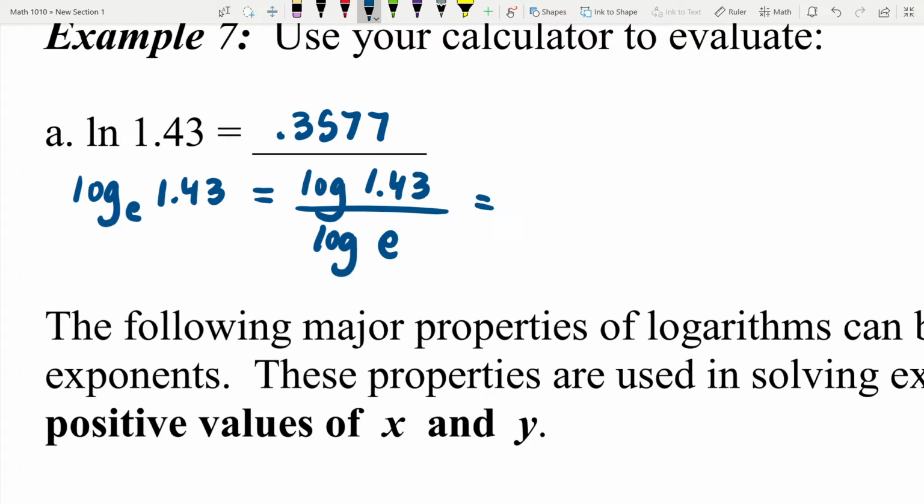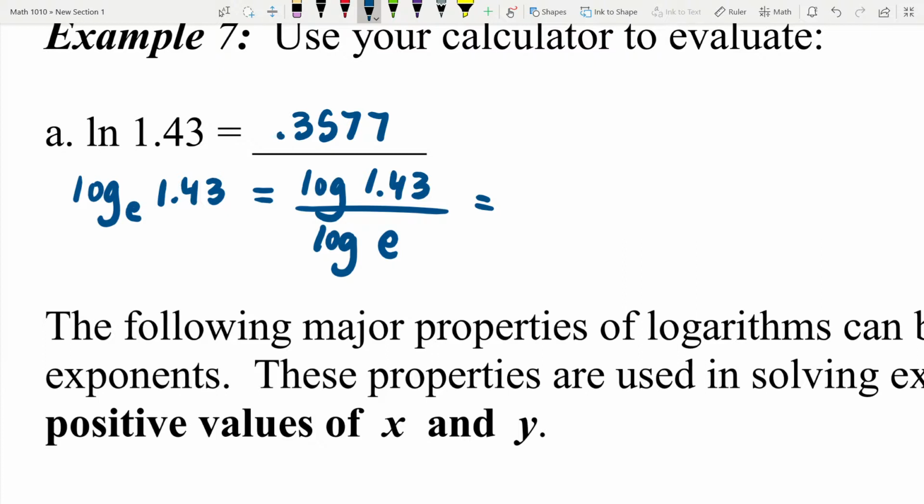Grab your calculator. Everybody go log 1.43, close it off, divided by, does anybody see the E on this calculator? Do you see it? Where is it? It's the second function of ln, right? So everybody hit log, then hit second ln.